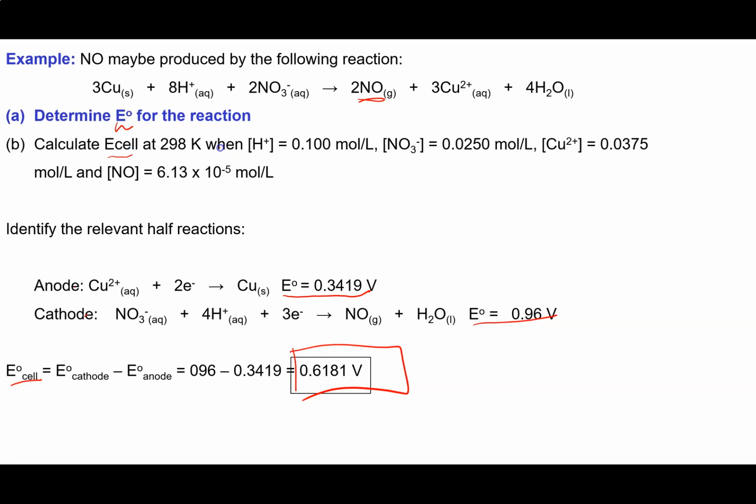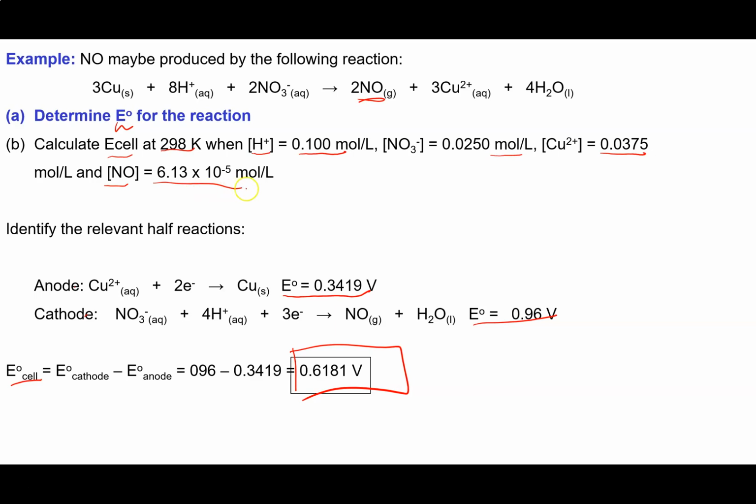But what we've got here is we're still at 298 K, but the concentration of H plus is 0.1 mole per liter. The concentration of nitrate is 0.025 moles per liter. The concentration of copper 2 plus is 0.0375 moles per liter. And the concentration of NO is 6.13 times 10 to the minus 5 moles per liter.